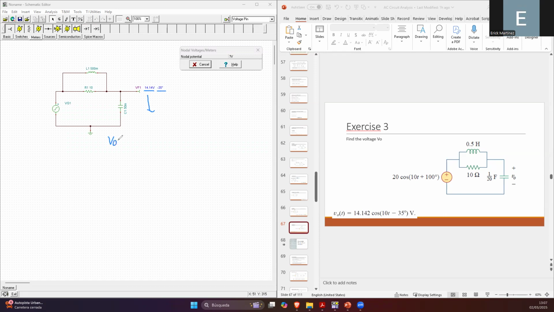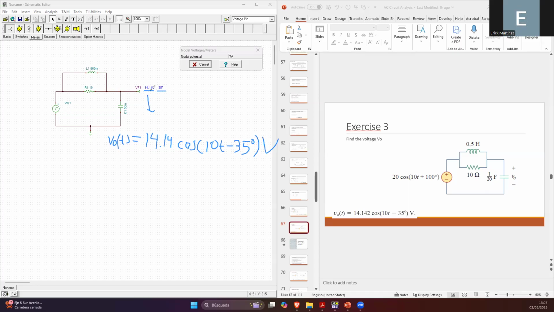V sub 0 of t is equal to the magnitude of the phasor, that is the amplitude of a cosine function, 14.14 times the cosine of 10 times t, and then the angle of this phasor, that is -35 degrees. And these are volts.